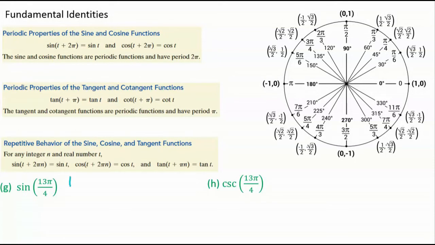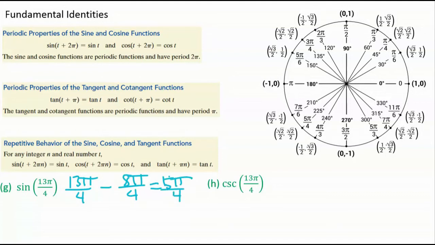We could take 13 pi over 4 and just subtract 2 pi from that. But now how do you write 2 pi in terms of over 4? Well, you just double the denominator. 2 pi is the same as 8 pi over 4, right? If you ever know what 2 pi is, double the denominator, and there you can speak in the same denominator terms. That gives me 15 pi. No, it doesn't. It gives me 5 pi over 4.